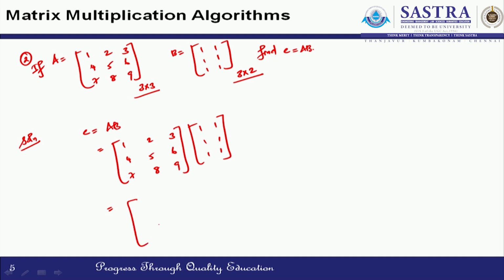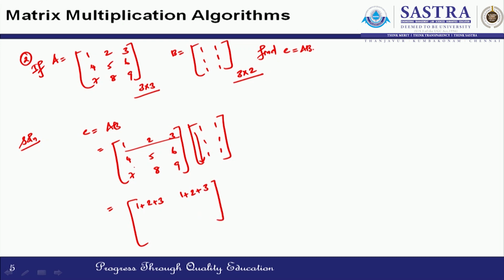Now we can find the resultant matrix by multiplying the first row and first column, multiplying and adding the quantities. So it is 1 plus 2 plus 3. Then first row and second column, we get 1 plus 2 plus 3.